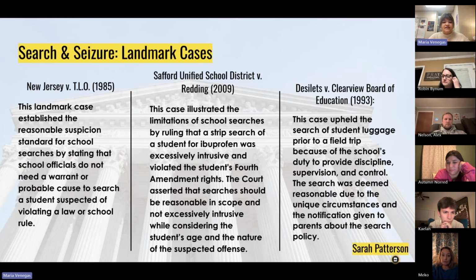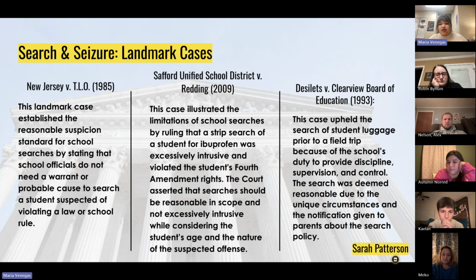So there have been several important cases, but the most notable case is New Jersey versus T.L.O., which established the reasonable suspicion standard for school searches. Another case, Safford Unified School District versus Redding, highlighted the need for searches to be proportional to suspected offenses, especially in sensitive scenarios like strip searches.